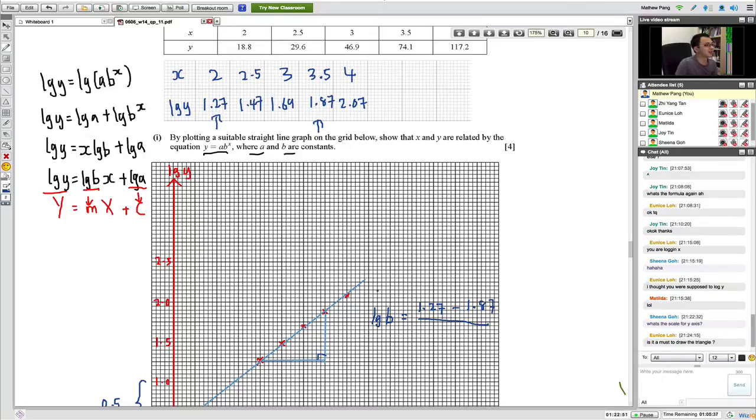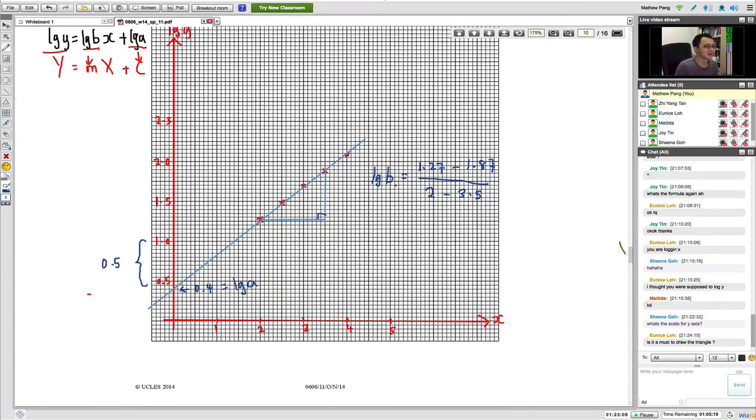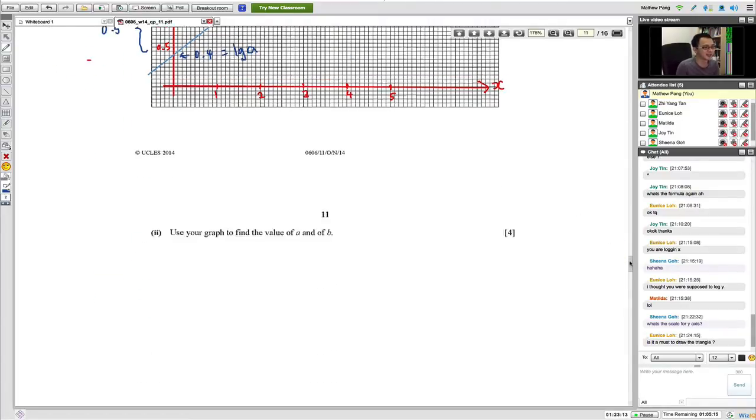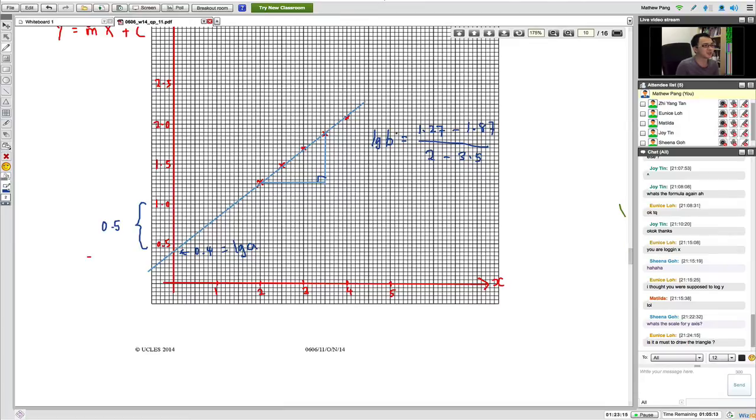So it will be 2 minus 3.5. Must I draw the triangle? I don't think drawing the triangle is a must, but a lot of reference books will draw the triangle, so I just draw it. But if you just solve this out, you can easily get the mark, because it's only 2 marks.